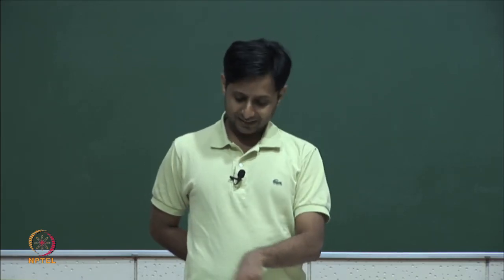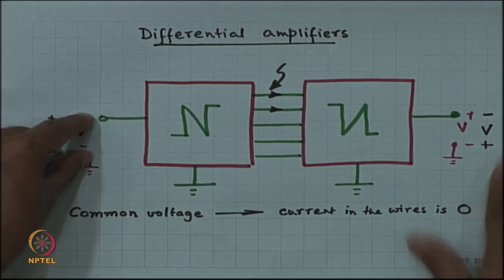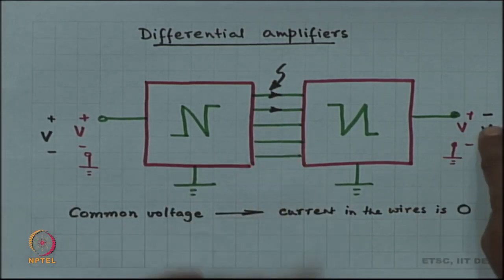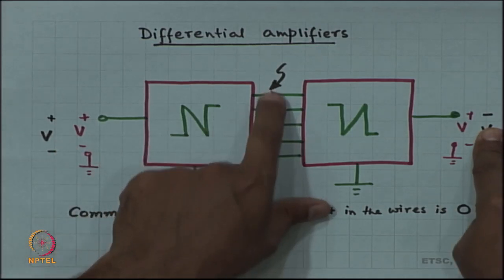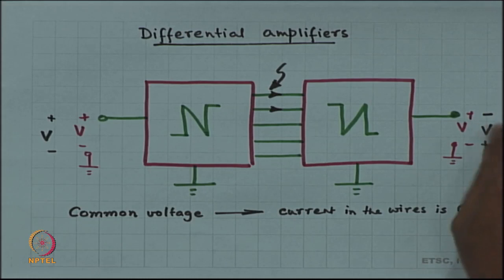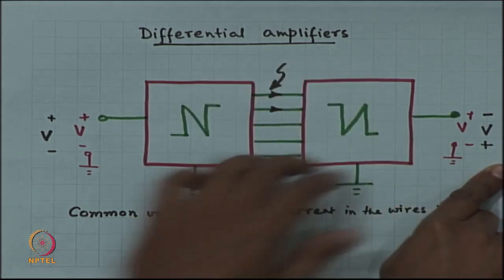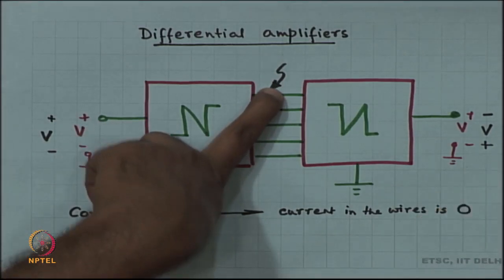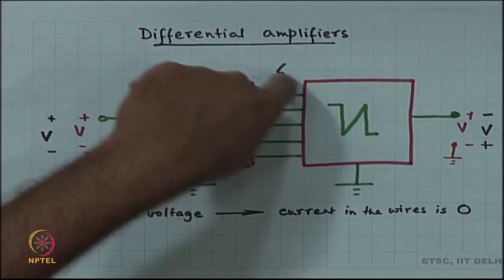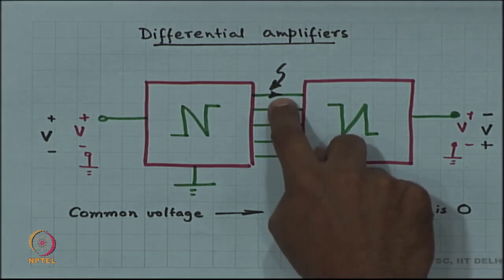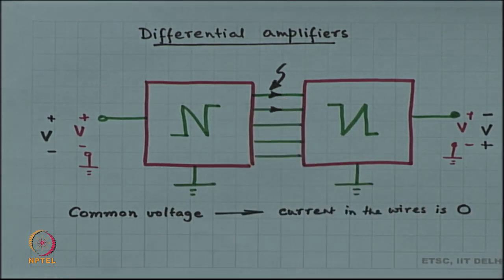Because when I applied V and 0, I got some voltages in between. If I did minus V and 0, then I got exactly the equal and opposite voltages. So, now my excitation is minus V and this is exactly the same as before, this side is 0. So, if this voltage was V1, then now it is going to be minus V1. And then I do the superposition and therefore, the superposition is going to give me 0 volts.